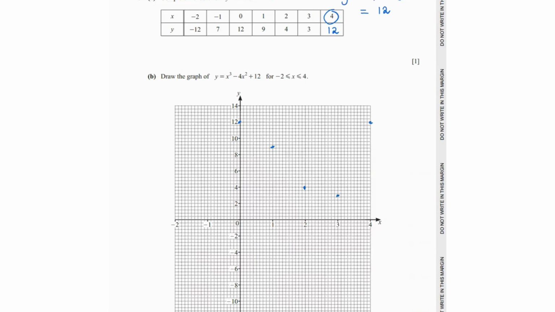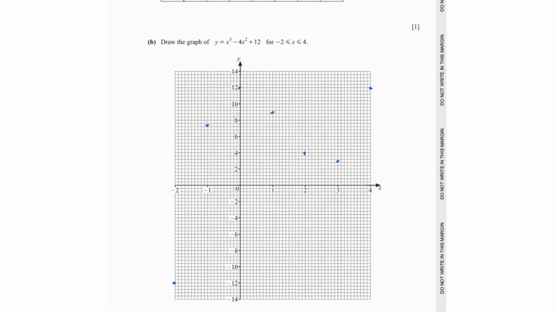So now let's plot this. That is your graph.